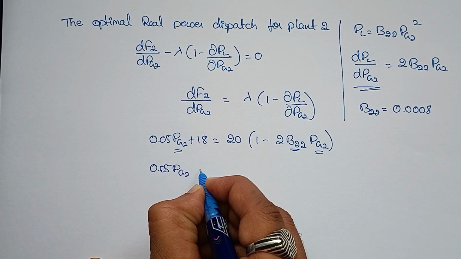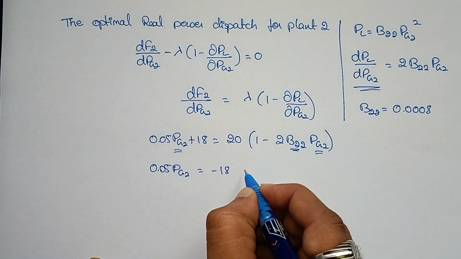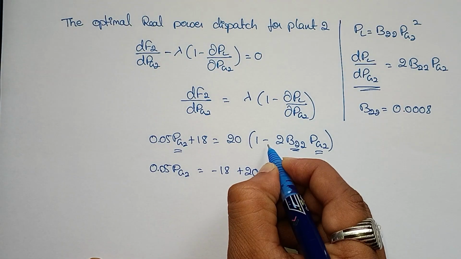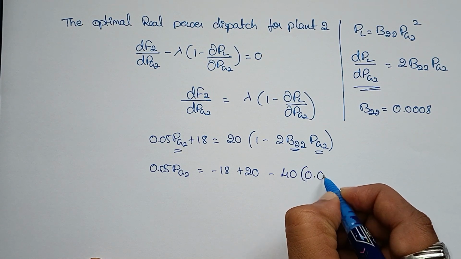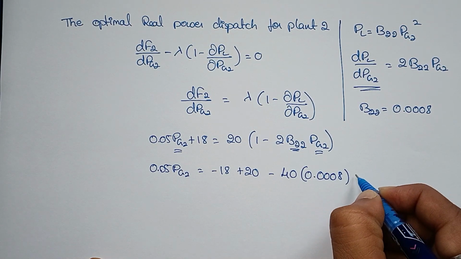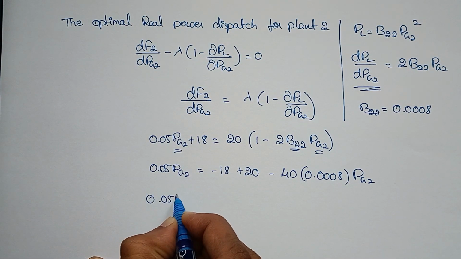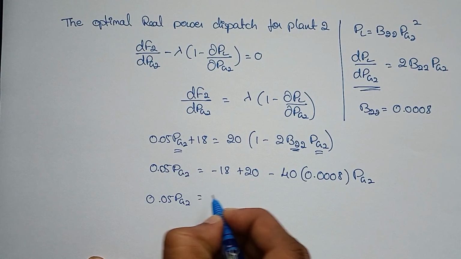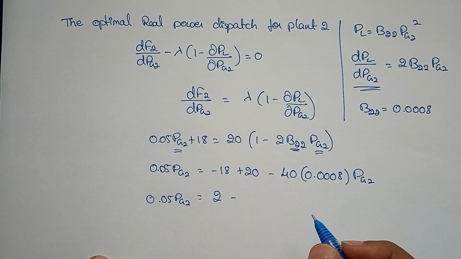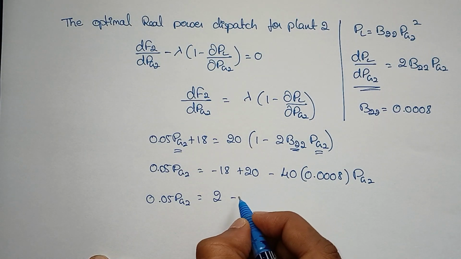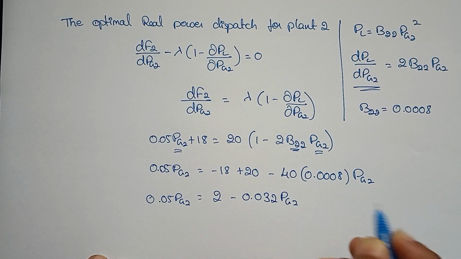Pg2 is equal to, if we take 18 this side, minus 18, 20 times 1 is plus 20, minus 22, so 40 times 0.0008 Pg2. So 0.05 Pg2 is equal to minus 18 plus 20 is 2, minus 40 times 0.0008 Pg2, which leads to 0.032 Pg2.